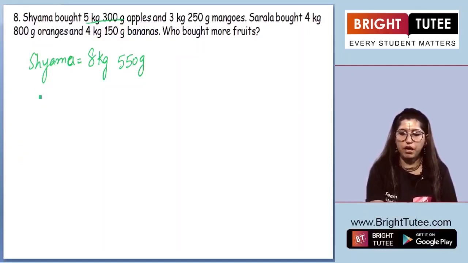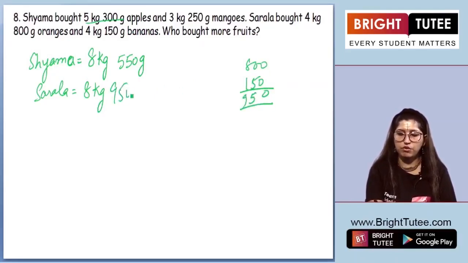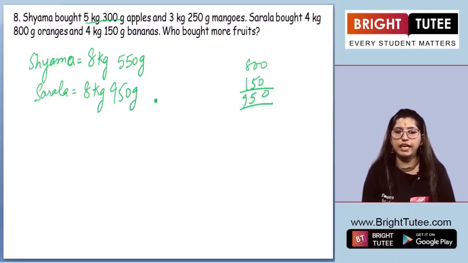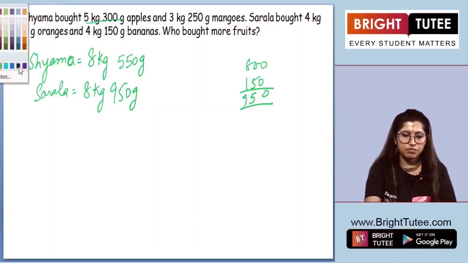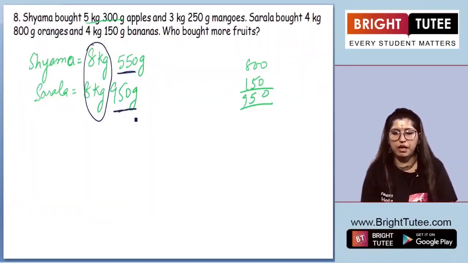And if I talk about Sarla, that will be 4 kg plus 4 kg is 8 kg and 800 gram plus 150 gram is, you can write it down as well if you want to. If that is really suitable for you, you can add it down from here. So that will be 8 kg and 950 gram. Now who bought more fruits? We can simply say that both are 8 kgs. Now we need to compare 550 grams and 950 grams.